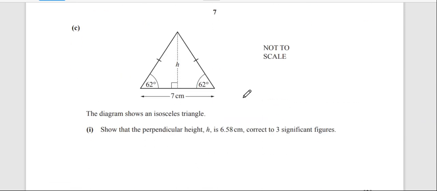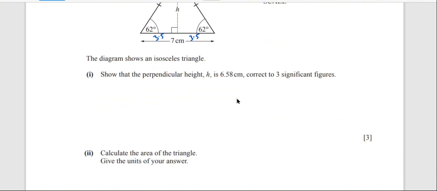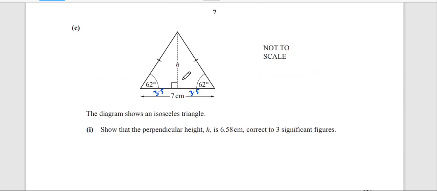This is a triangle. They say that it's an isosceles triangle. If it's an isosceles triangle, these base sides are equal. We have 7 here, which simply means that here is 3.5 and here is 3.5. They say that you should show that the perpendicular height h is 6.58. So all we need to do there is to use our SOHCAHTOA, the trigonometric ratio, to solve.